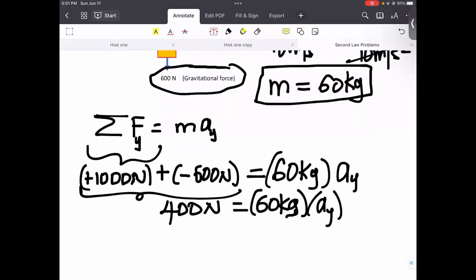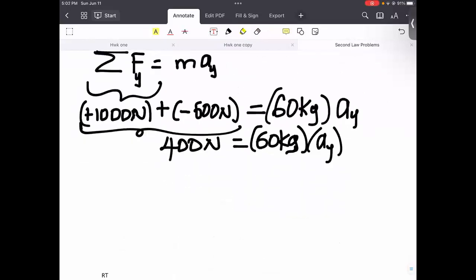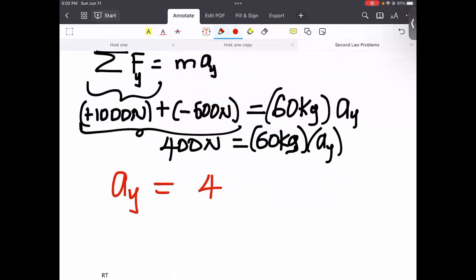All right, so you know what to do here. You divide both sides by 60 kilograms to get a_y. So basically, the last step to find your acceleration will be the 400 newtons divided by 60 kilograms. That will give you your result.